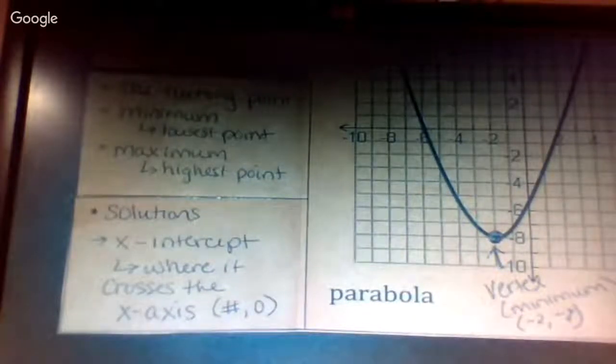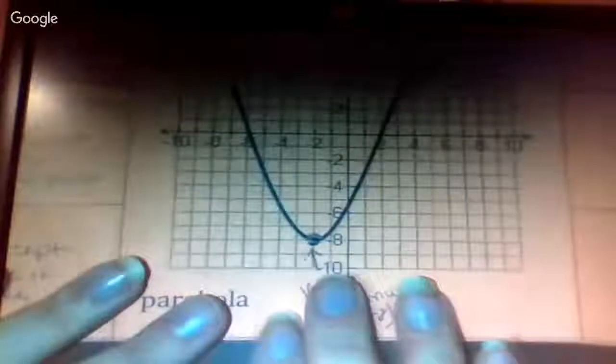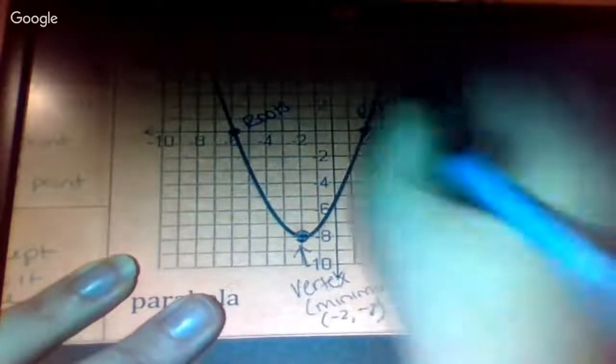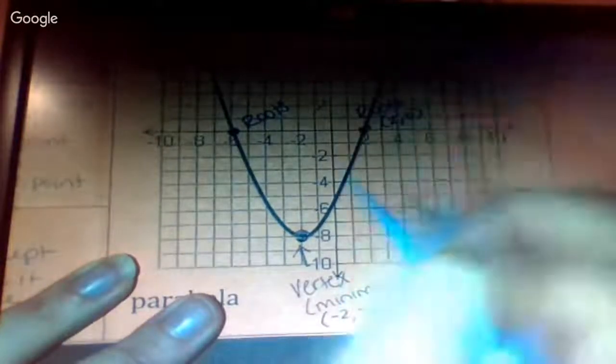Where are my points? -6, comma 0 is the one on the left-hand side, and 2, comma 0 is the one on the right-hand side. So you've got x-intercepts here. These are your roots.